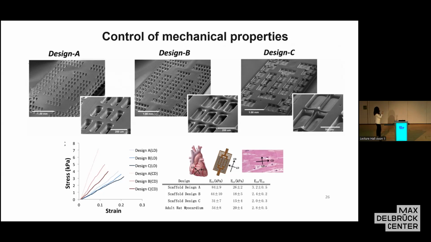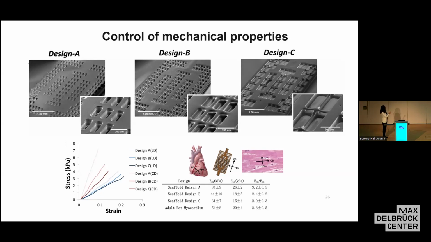But depending on the shape here, you can see that we have the lattice into which the cells are seeded. We made a rectangular structure. It's not a square, it's a rectangle. And depending on the dimensions of this rectangle, we can achieve overall mechanical anisotropy of this microfluidic scaffold.